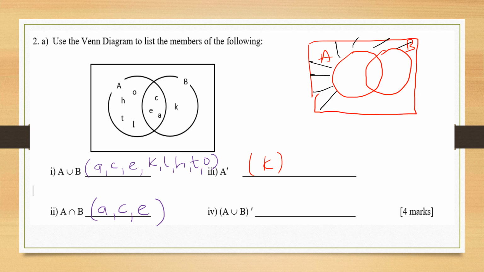Everything outside of A and B. And if we look at this diagram, there is nothing on the outside. So that means it's an empty set, or you can write it as this. Those are the 2 symbols that represent empty set. For 4 marks, you know you're going to get 1 mark here, 1 mark here, 1 mark. So they're all 1 mark questions.